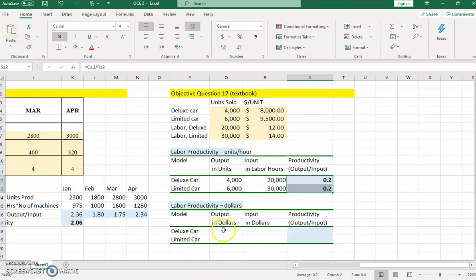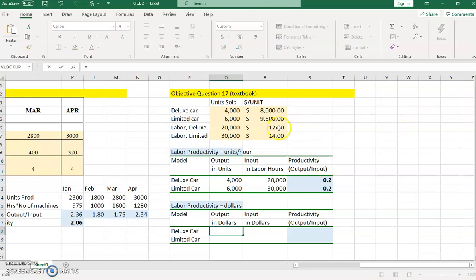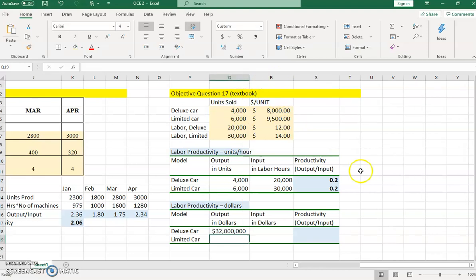The labor productivity in dollars, let's look at it. What is the deluxe car output in dollars? The deluxe car output is actually $8,000 per unit times 4,000, which is $32 million.